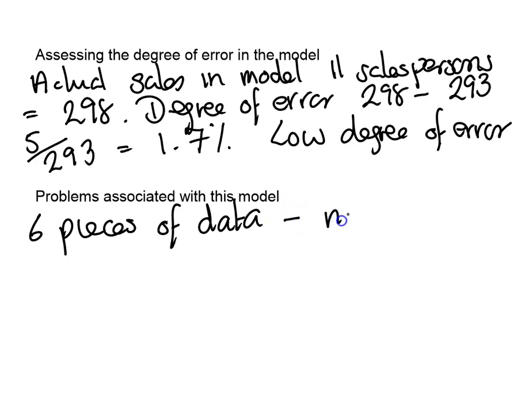This is not sufficient. In practice, we often talk about a minimum of 30 pieces of data to produce a statistically accurate model.